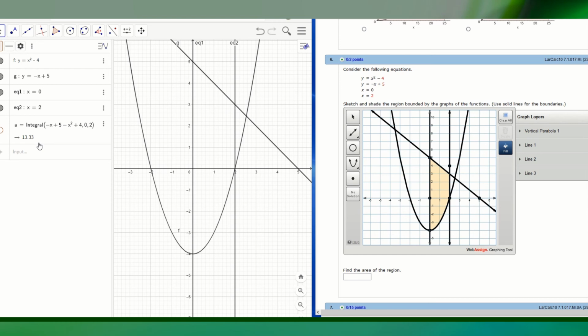So when I enter 13.33 in my calculator, if you enter just 13.33, it will not accept it, because it is a non-terminating decimal here. It will go 13.3333, etc. So I would like to change this into a fraction.